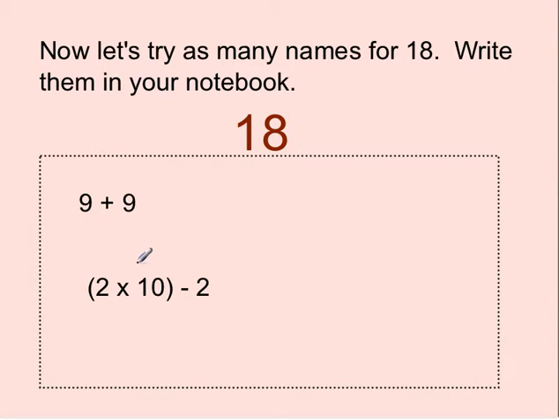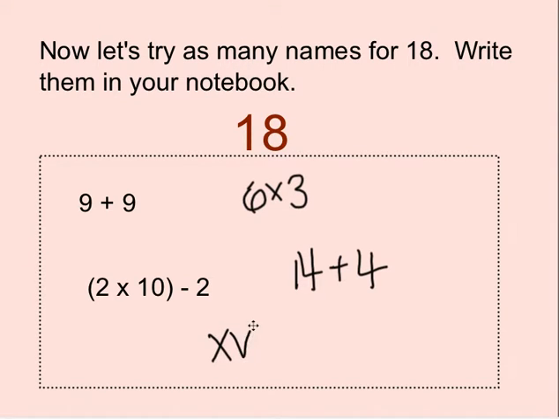I have started with 9 plus 9, or 2 times 10 minus 2 is 18, or we could do 6 times 3 is 18, or 14 plus 4 more is 18, or we could do the Roman numeral X plus a V, which is 5, so that's 15, 16, 17, 18. That would be the Roman numeral.